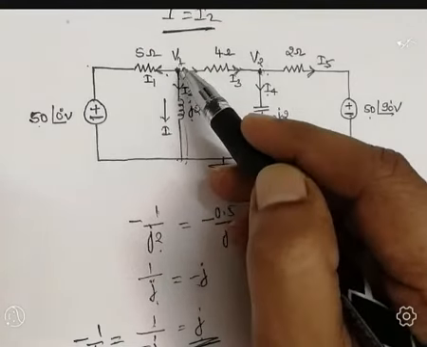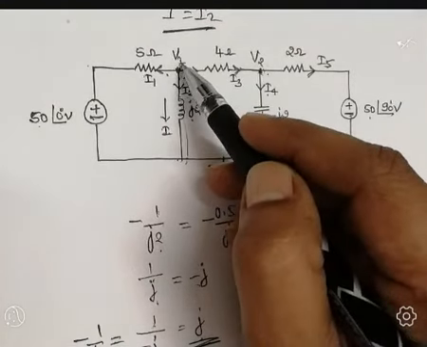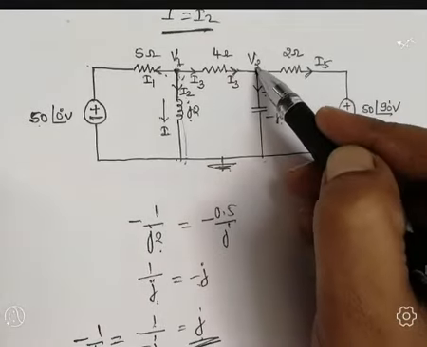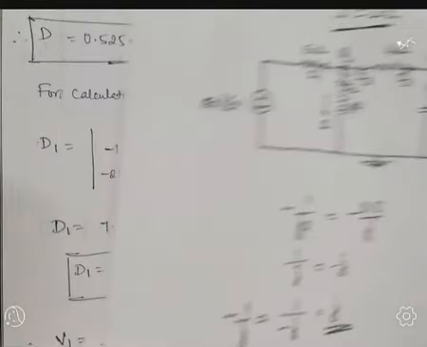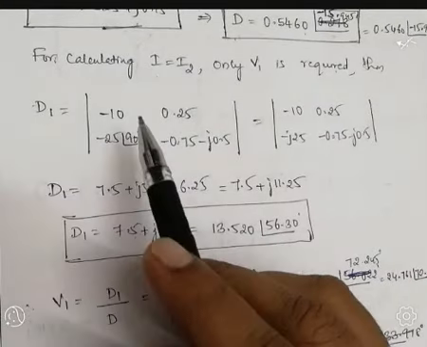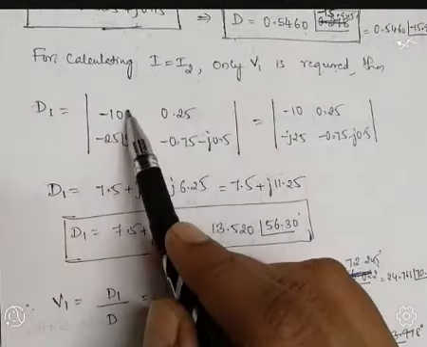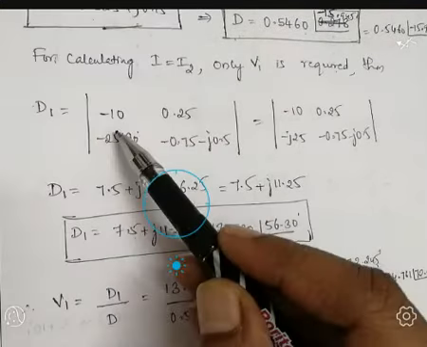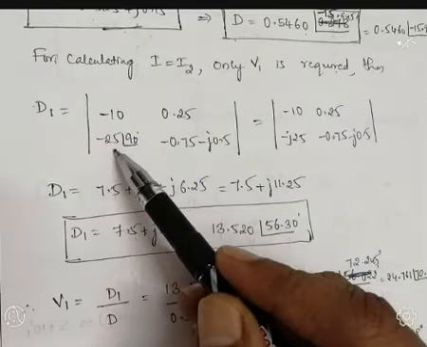Because of that reason, only the value of V1 we have to calculate, and the calculation of V2 is not required. So I am going to calculate D1 first. D1 means the first column elements of the matrix are replaced by the constant terms, minus 10, minus 25 of angle 90 degree.